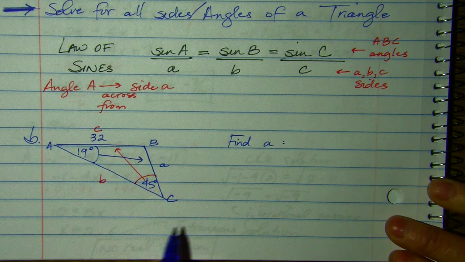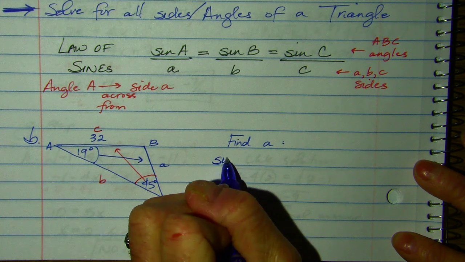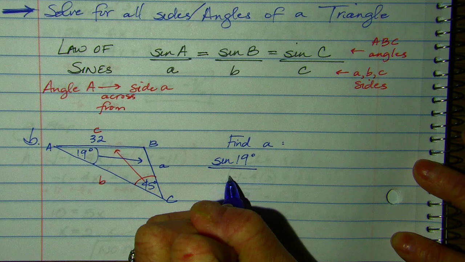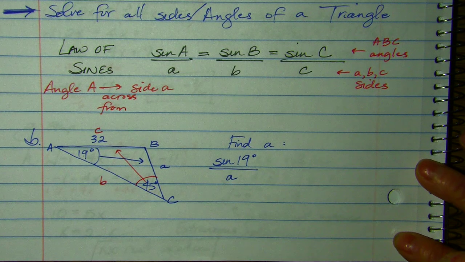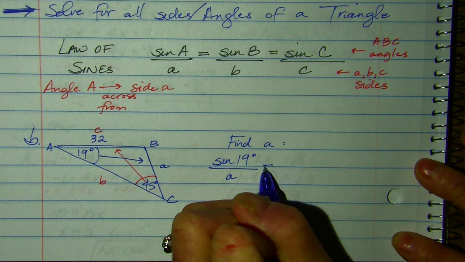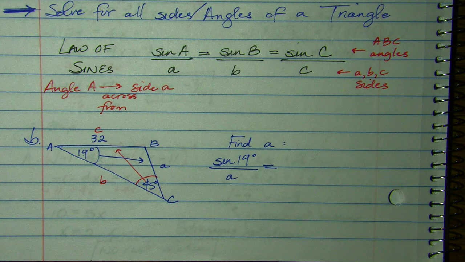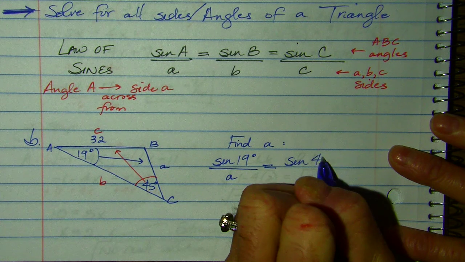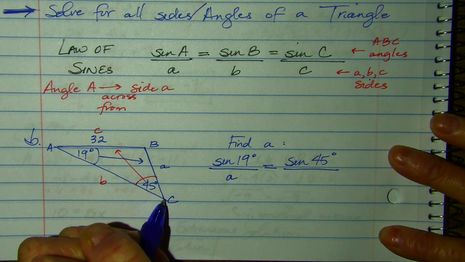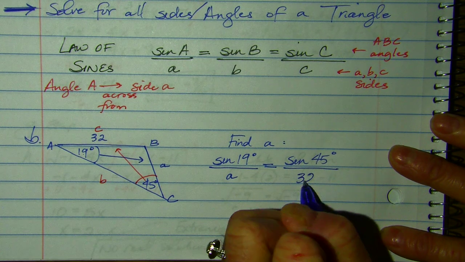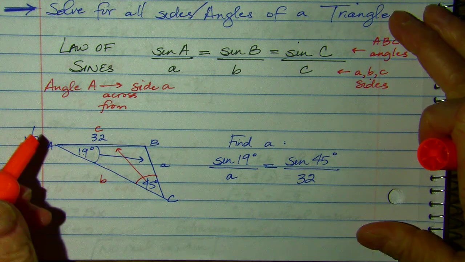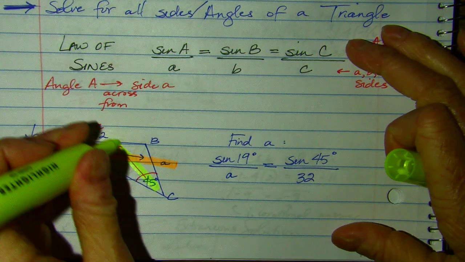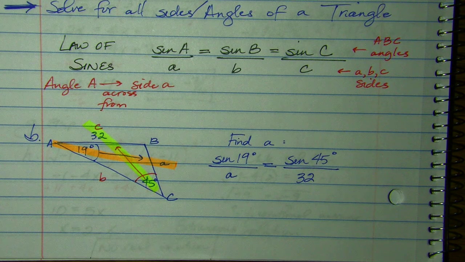So I'm going to set up a proportion. I know that the sine of 19 degrees, because that's my angle, should be proportional to, or over, side a. And I'm going to use whatever else they provided me with. In this case, they provided me with the 45 degrees. So the sine of 45 degrees over the side across from it, which is 32. Notice I set up these two over these two because that is what it provided me with.